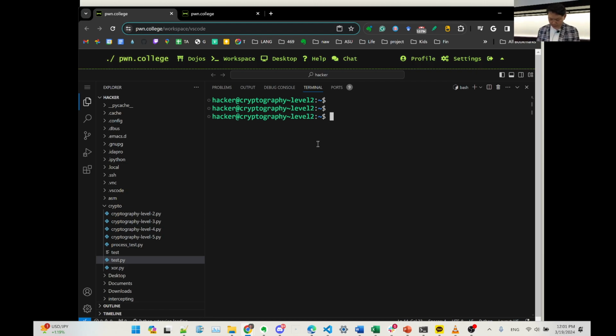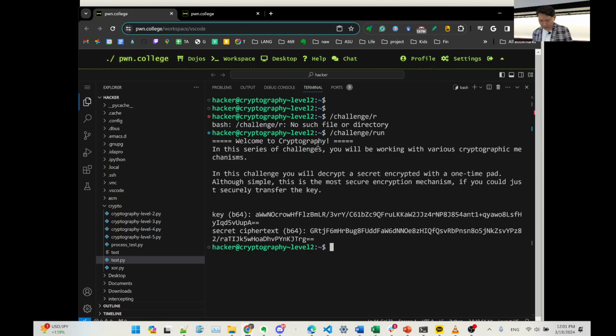Here, let's see the challenges and run. In module 2, we have to decrypt the secret encrypted with the one-time pad algorithm, the most secure encryption mechanism if you can securely transfer the key.